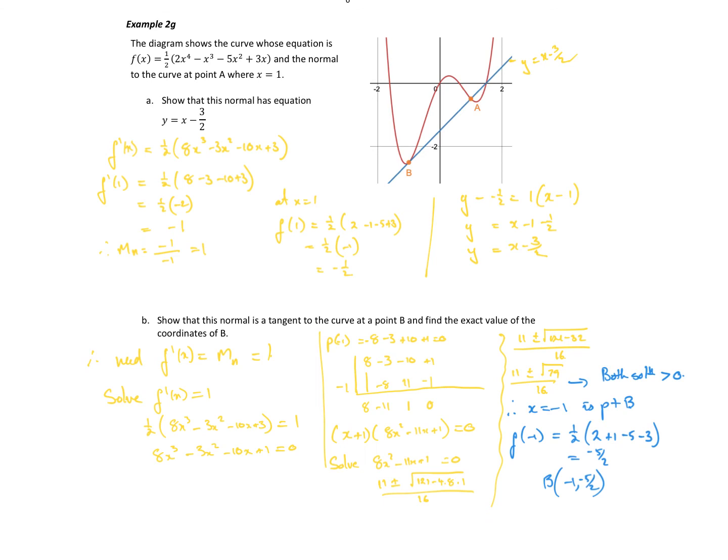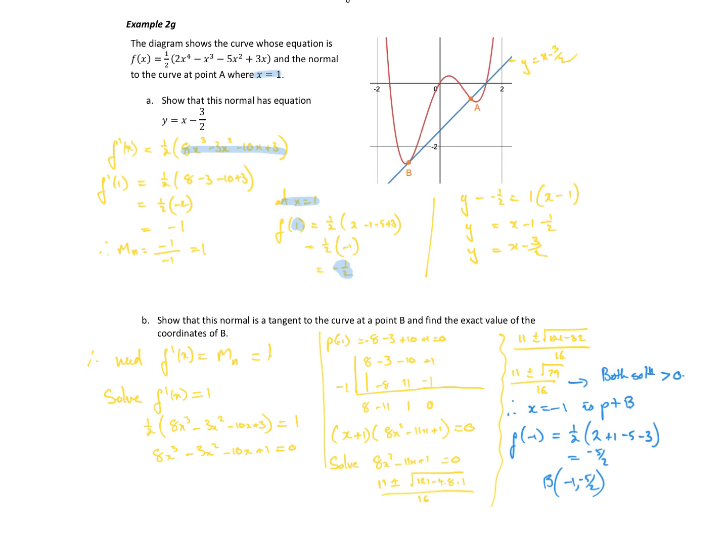So at x equal to 1, f of 1 is equal to negative a half. So the point I'm interested in is the point 1, negative a half. So there's the point. I now need a gradient. dy dx is given by, just differentiate. I'm interested at the point where x is equal to 1 specifically.